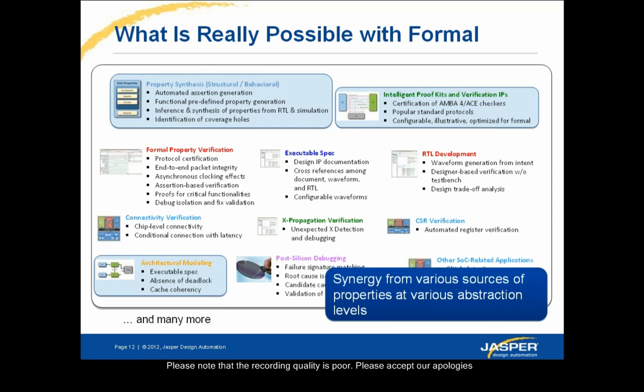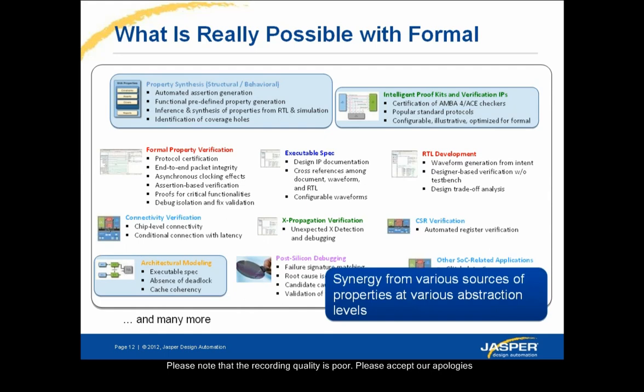Proof kits, so verification IP, based upon initially a formal premise. So they're SVA-based proof kits, but they work in simulation just as well. And the most recent release of those is the ACE coherent. And we are working on others.